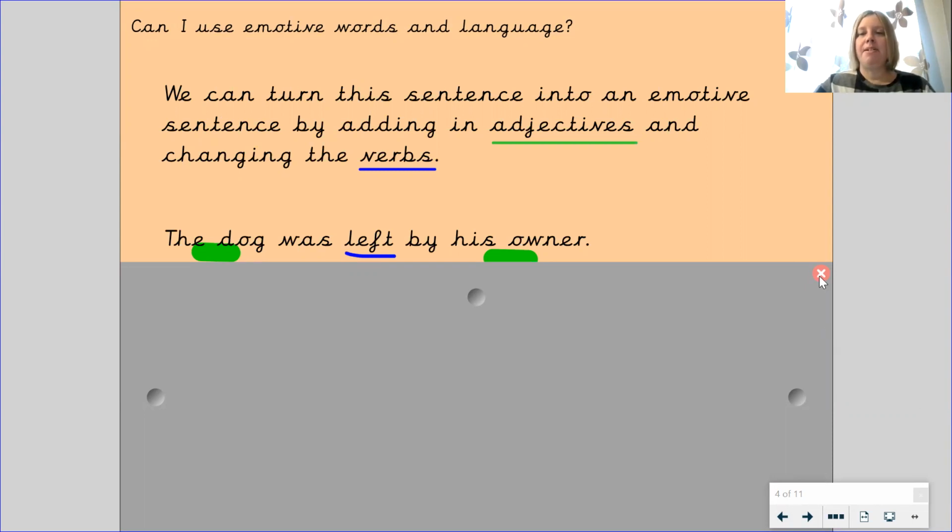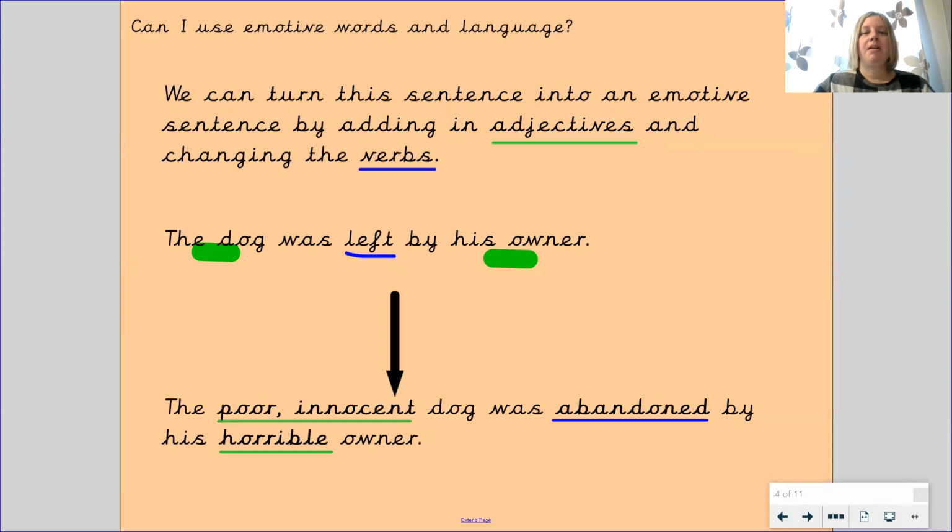Let's have a look at my sentence. I've changed my sentence to, the poor innocent dog was abandoned by his horrible owner. This helps to create that emotive response when you are reading the sentence. When I think about the dog, I feel sorry for the dog because he's poor and innocent.